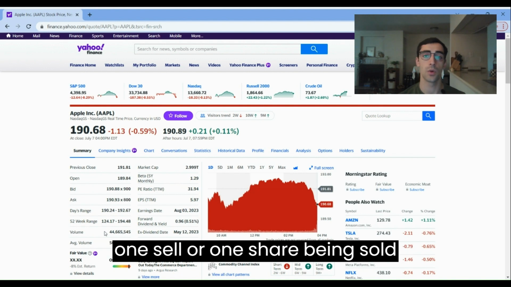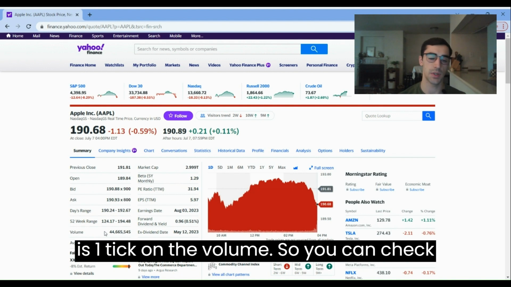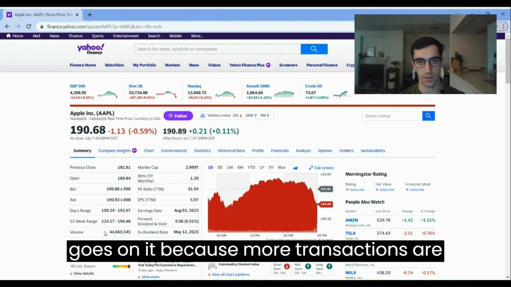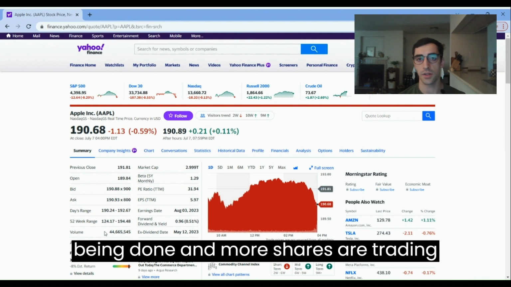One sell or one share being sold is one tick on the volume. So you can check this throughout the day and you'll notice that the volume increases as the day goes on because more transactions are being done and more shares are trading hands.